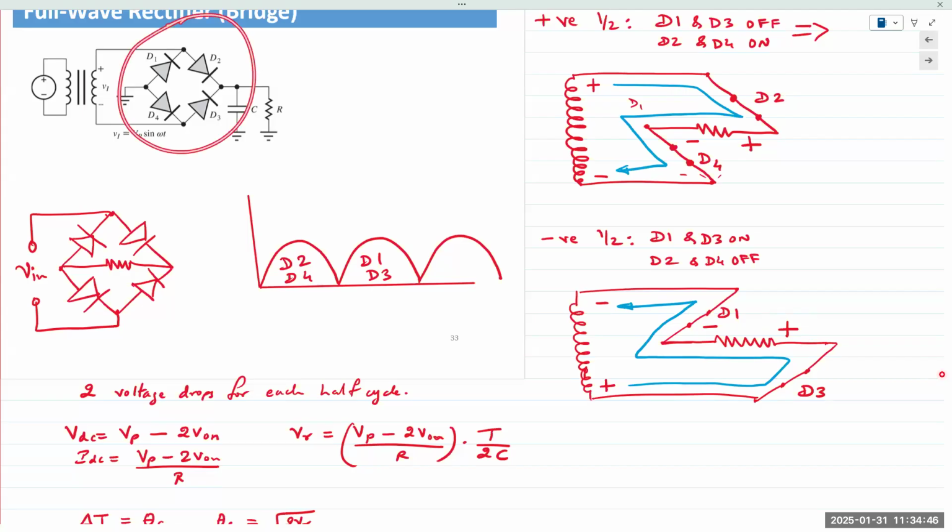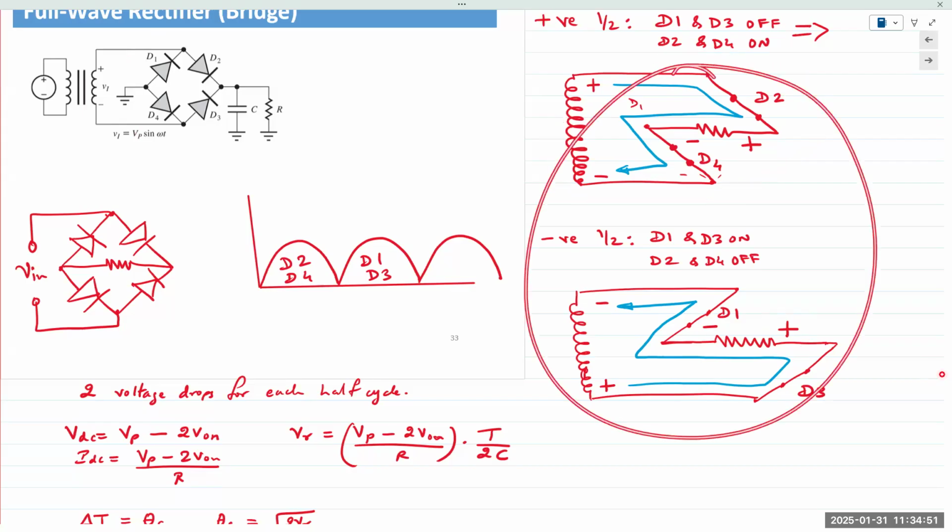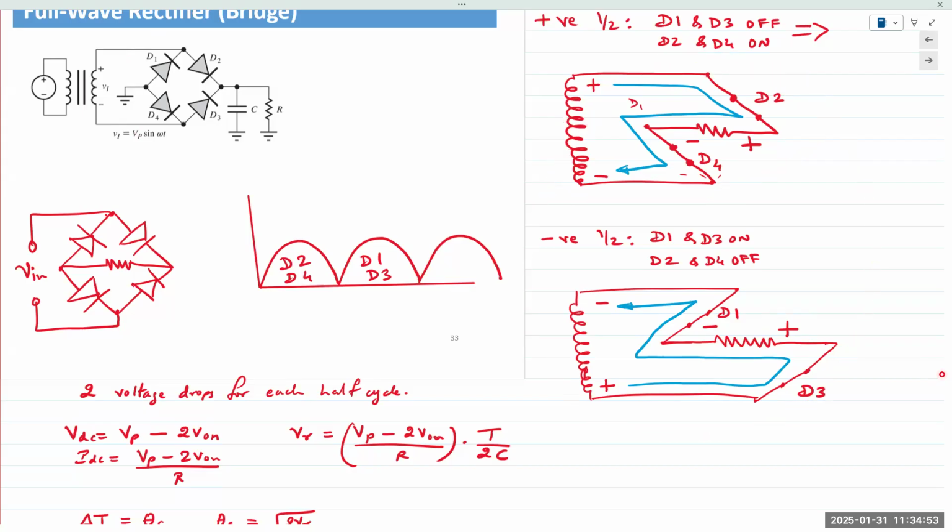So the question being asked is, why is it in this sort of weird configuration compared to this? It's just for explanation purposes. It makes it easier to explain.